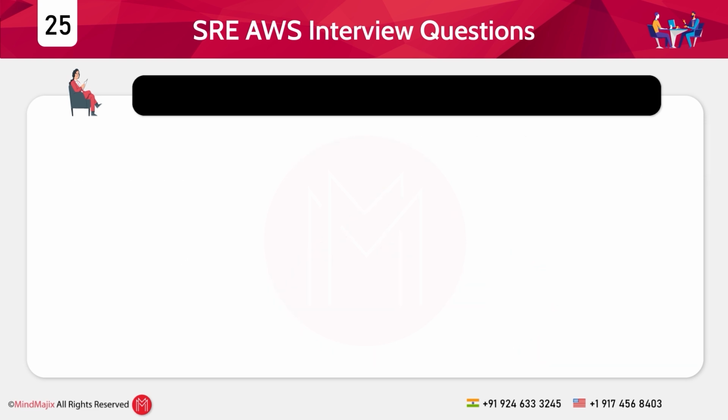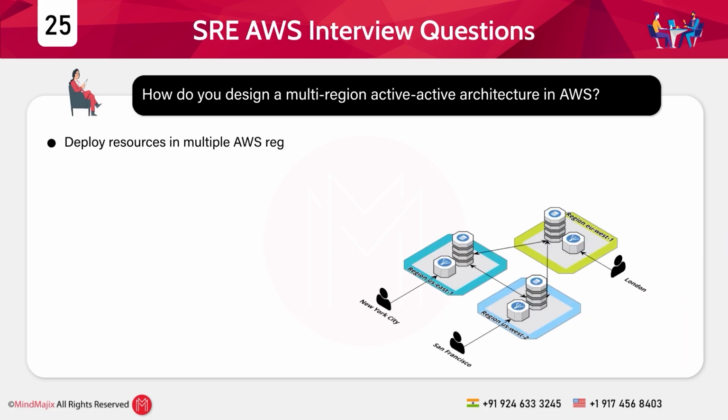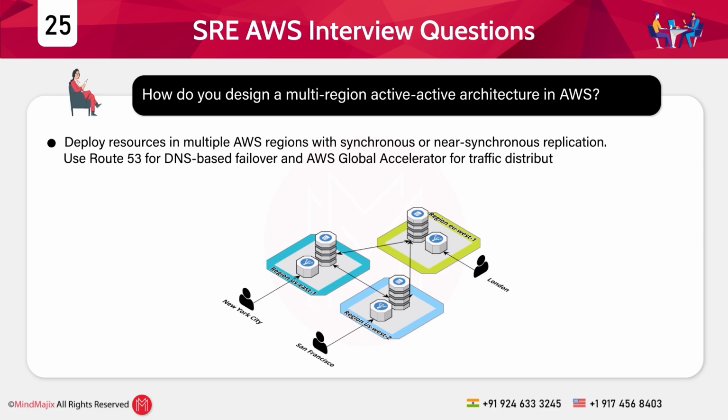The next question is, how do you design a multi-region active-active architecture in AWS? To design a multi-region active-active architecture, I would deploy the resources in at least two AWS regions with synchronous or near synchronous replication to keep the data consistent. Amazon Route 53 can be configured for DNS-based failover, while Global Accelerator helps distribute the traffic globally with low latency.